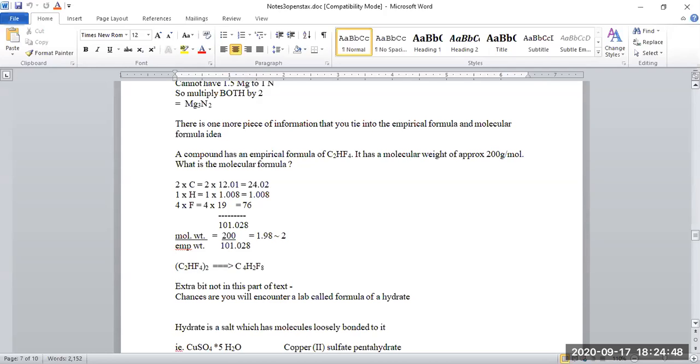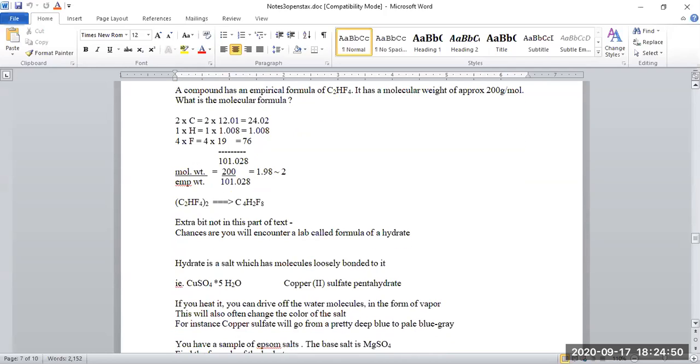And I totaled all of that together. 1 unit of empirical formula weighs about 101. So I compared that versus the data I was given that says my molecular weight's about 200. 200 divided by 101 gives you 1.98, which is really close to a whole number. So I'll go ahead and round it up to 2.